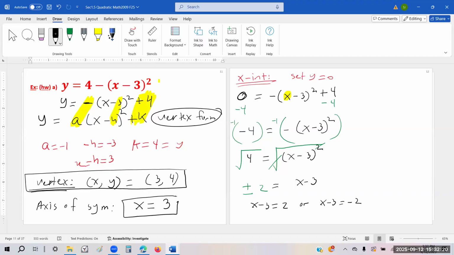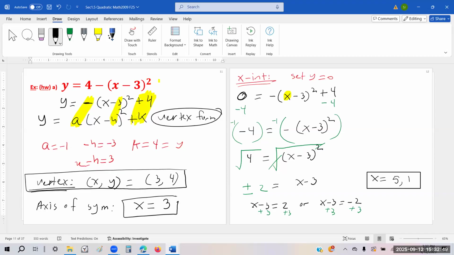This is what plus minus 2 means. Either x minus 3 is +2 or x minus 3 is -2. But it doesn't matter which one we have. We need to add 3 to both sides to solve. And we get x equals what? 5 and 1.